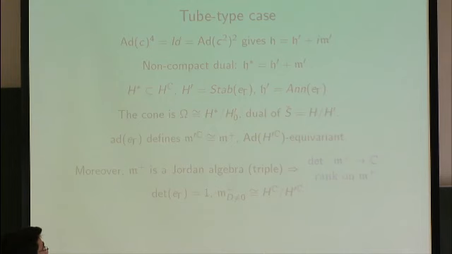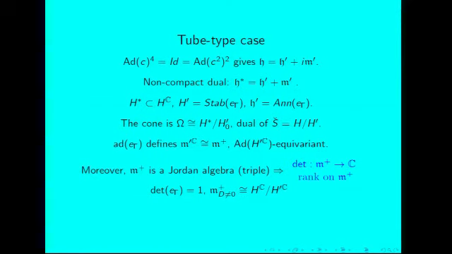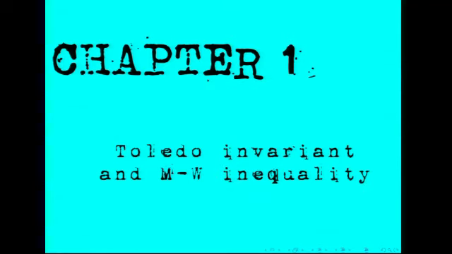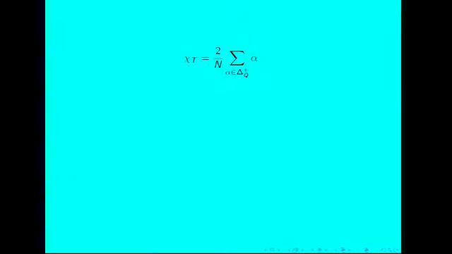Okay, now we are ready to go to the Higgs bundle setting. First of all, we are going to define the Toledo invariant and talk about the Milnor-Wood type inequality. So consider the sum of these positive non-compact roots, and consider a multiple of this.